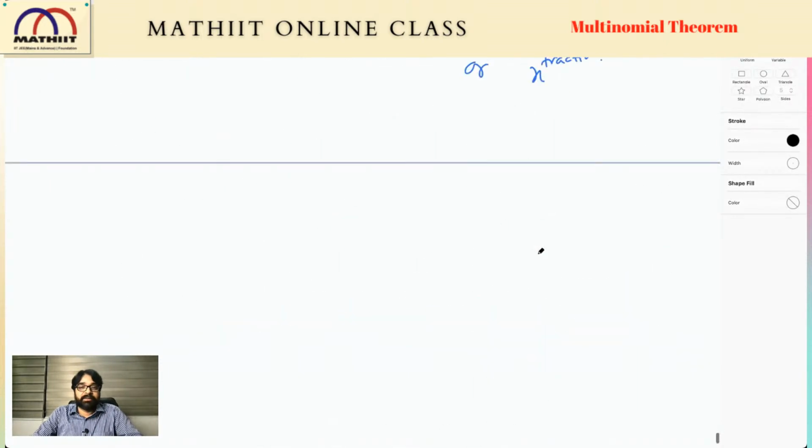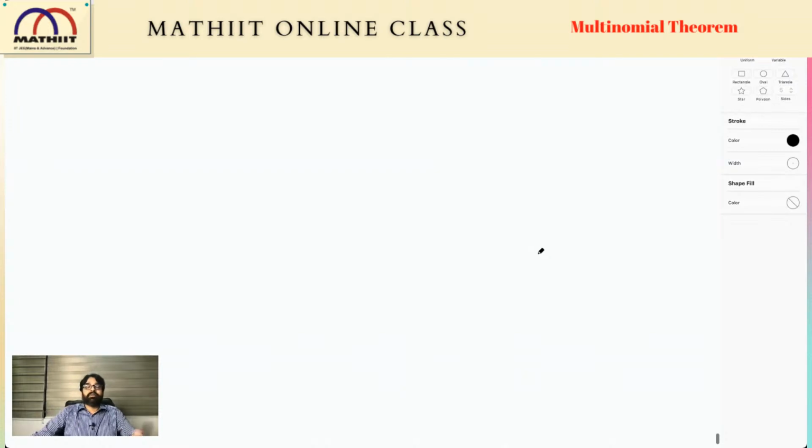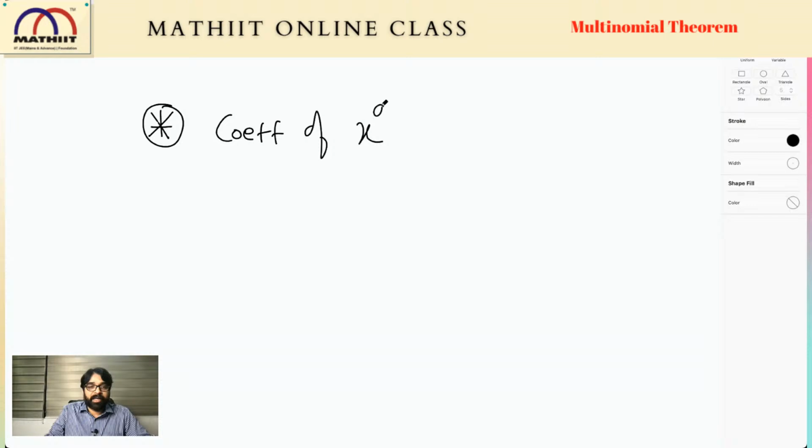So for that there is a Brahmastra, or you can say the most important part. Write it, everybody. The coefficient of x power a in (1 minus x) power minus b is (a plus b minus 1) C (b minus 1).